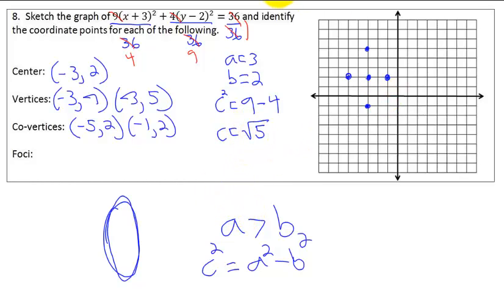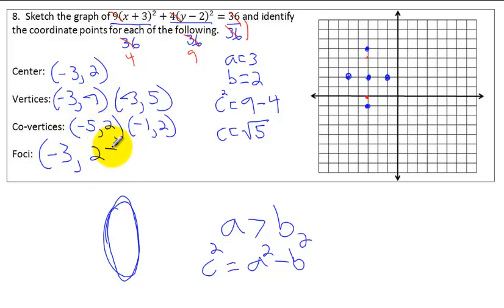And then the foci are going to be somewhere in here. We're going to add the square root of 5, so a little bit more than 2. A little bit more than 2. There are our foci, which we don't really have to sketch on there, but it's just for a visual. So what's changing? The Y values from the center. So the -3, nothing changes.